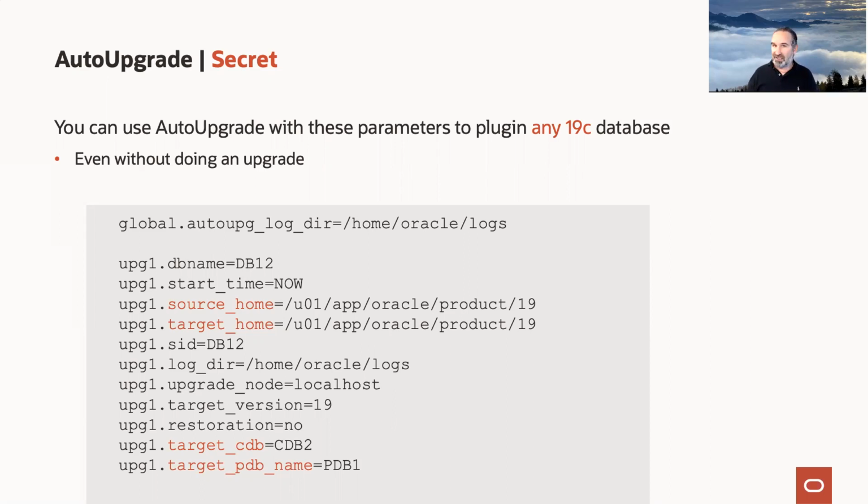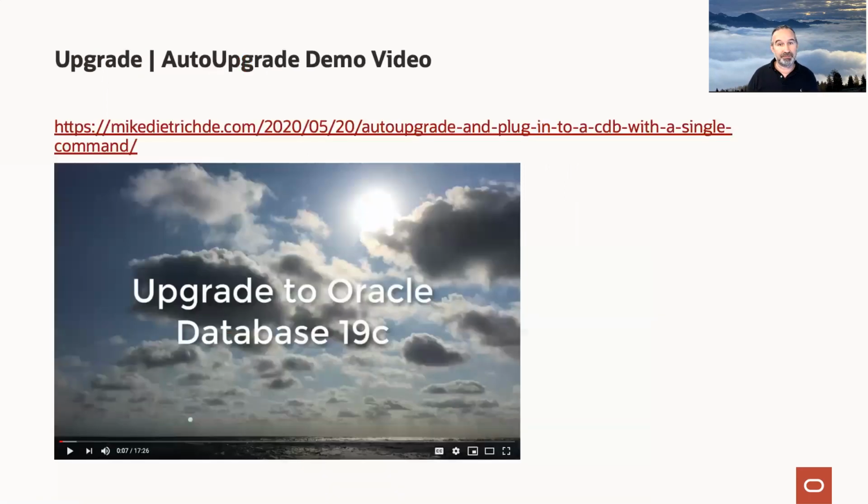And then AutoUpgrade doesn't upgrade your database because we assume it's upgraded already if you do this, but it plugs in for you. So you don't even have to do this step, and you can monitor the progress, which is absolutely helpful if you do this on a broader scale with many databases at the same time. So instead of writing scripts or typing a lot, AutoUpgrade does this for you if you need to.